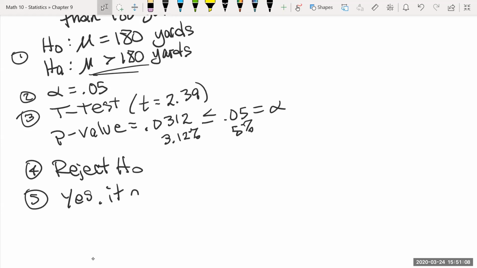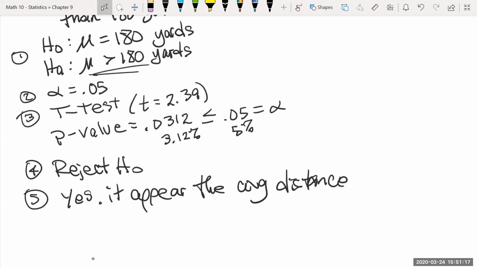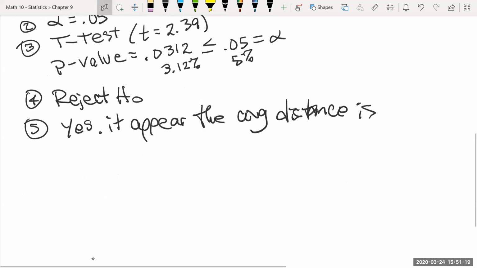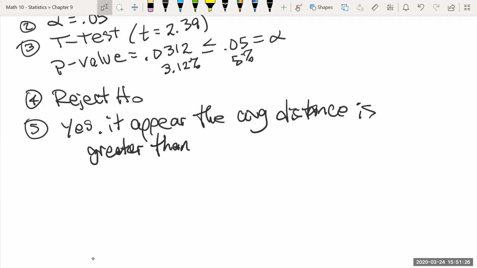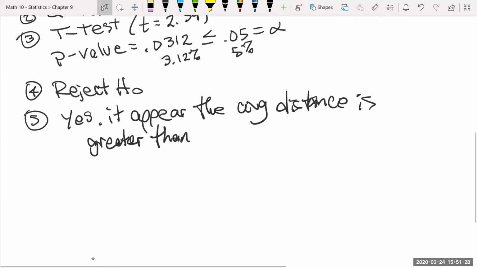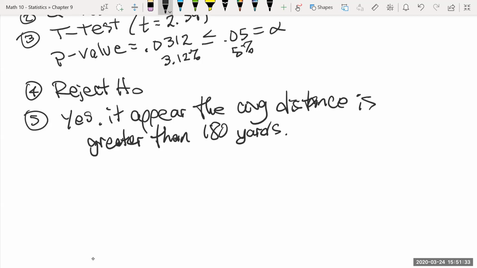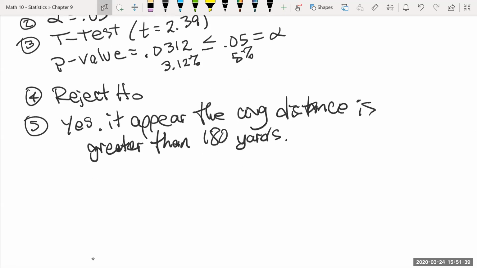It appears the average distance is greater than, or exceeds, or however you want to say it, 180 yards. And again, we've come to another conclusion based on our p-value.